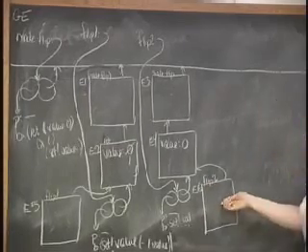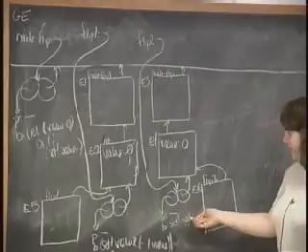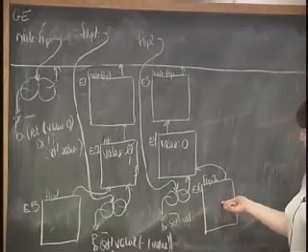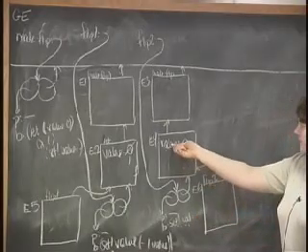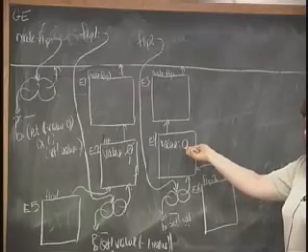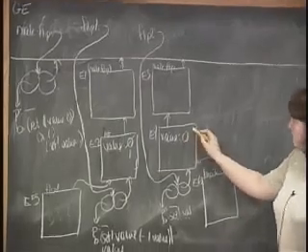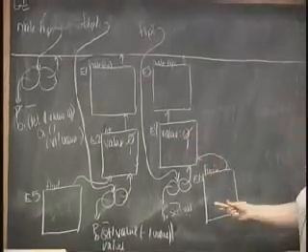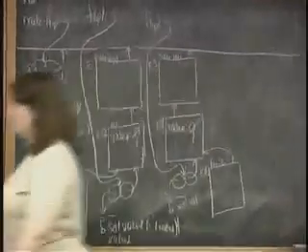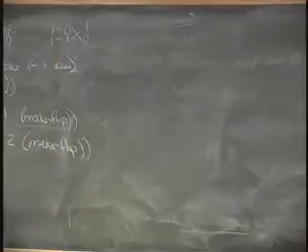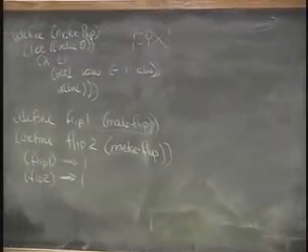No parameters. Set bang value to be 1 minus value. No value here. We look up. There's a value. It's 0. 1 minus 0 is 1. Change it to 1 and return the value, which is 1. Okay.